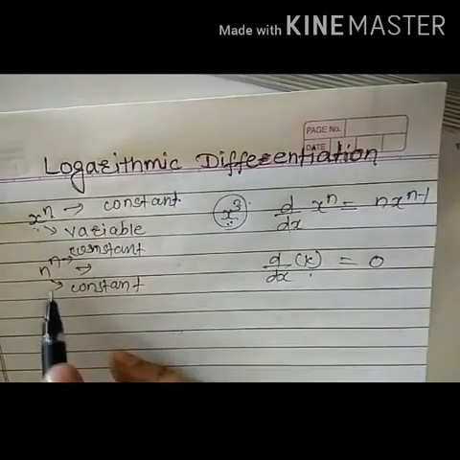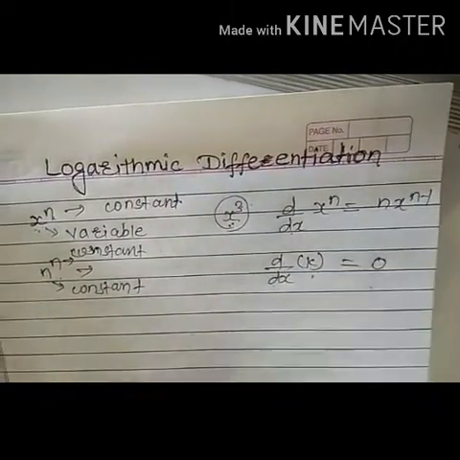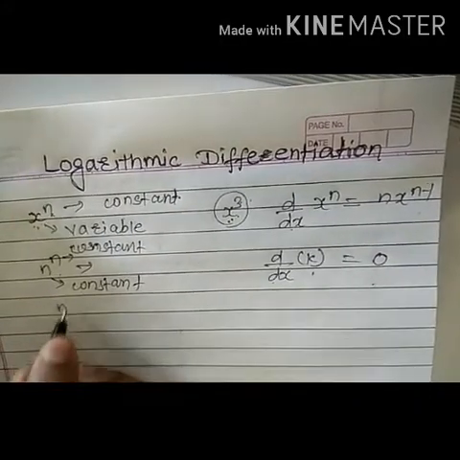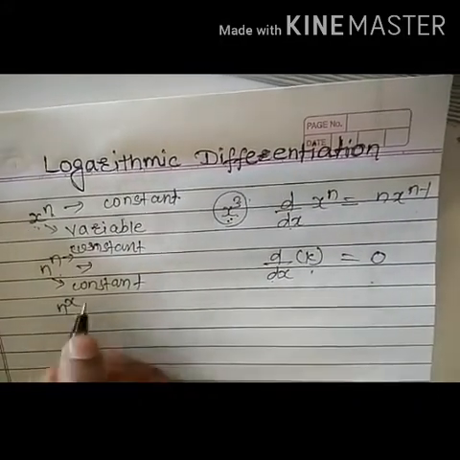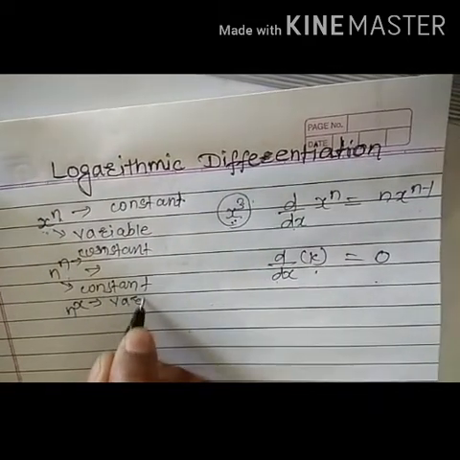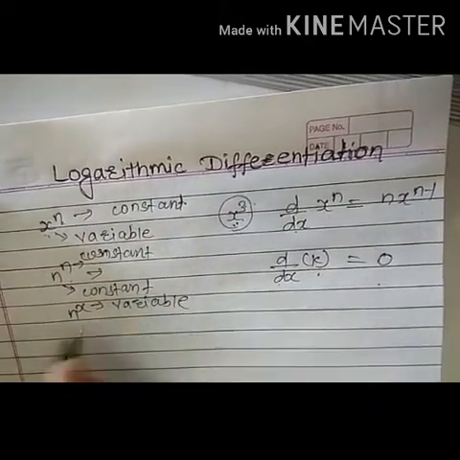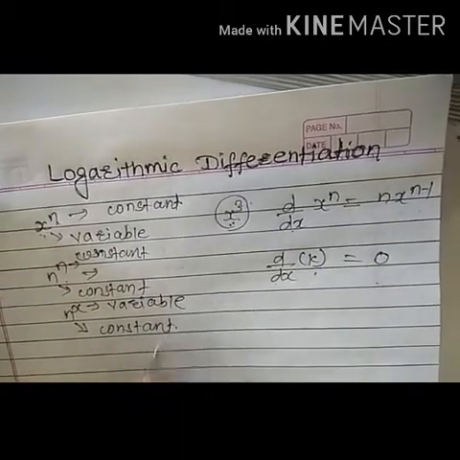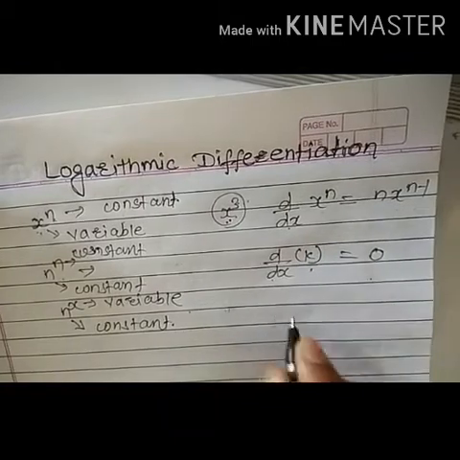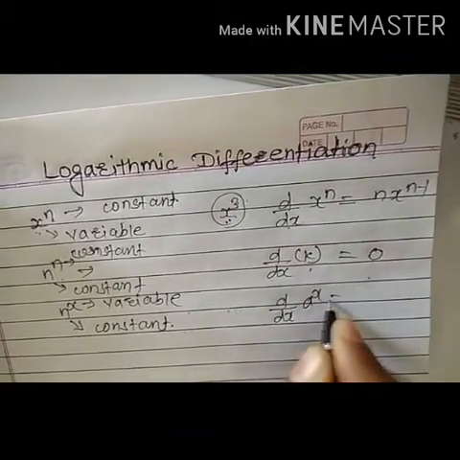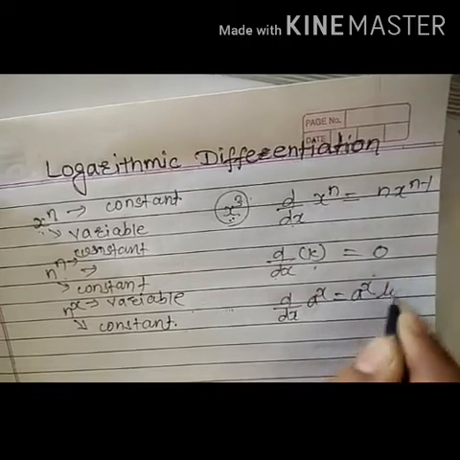Means when the function is constant, the derivative is 0. Now sometimes, in n raised to x, the power is variable and the base is constant. Then we use the formula of the derivative of a raised to x, equal to a raised to x into log a.